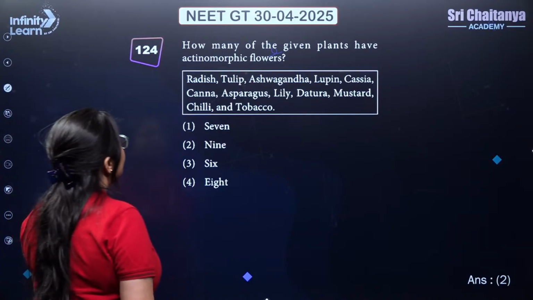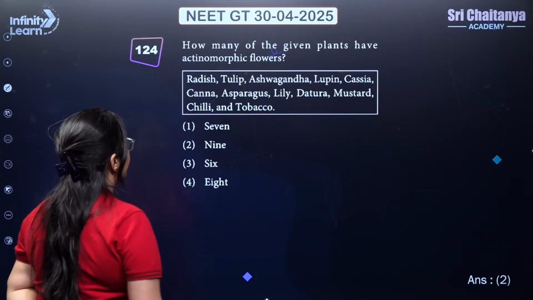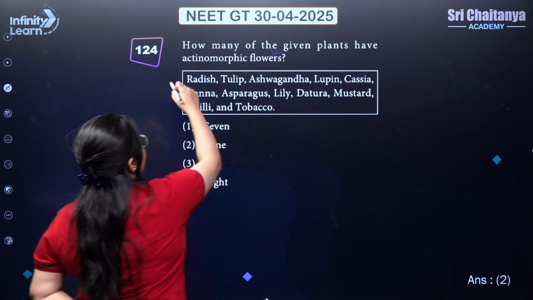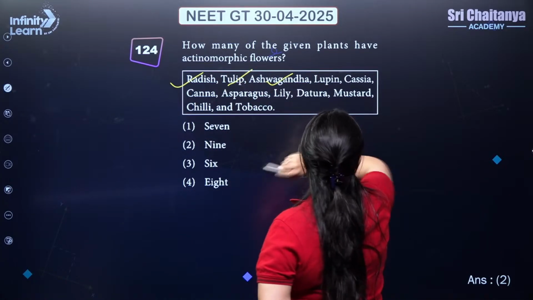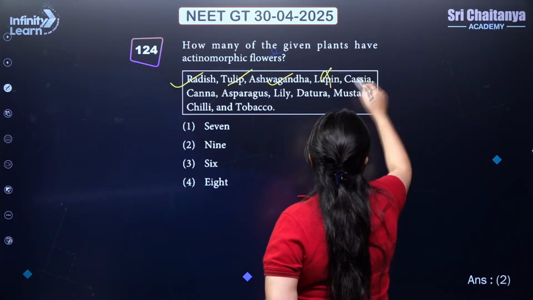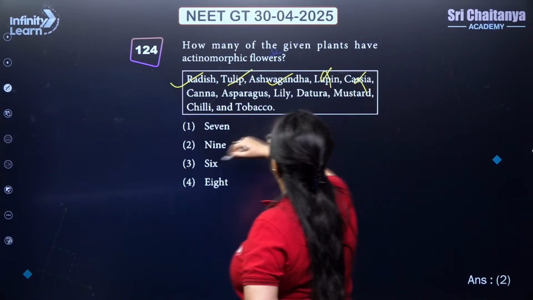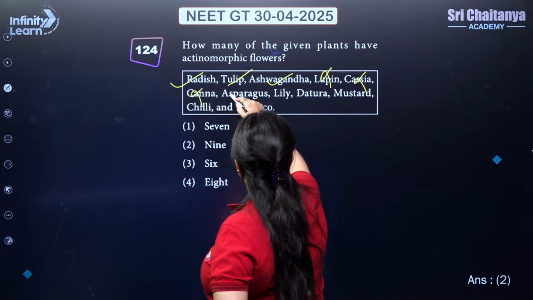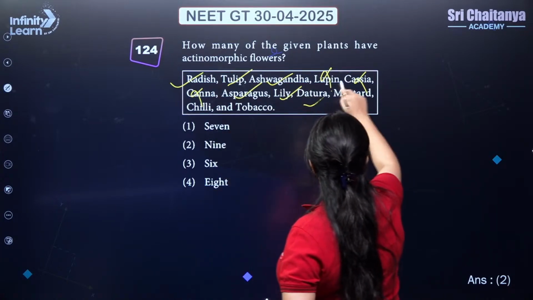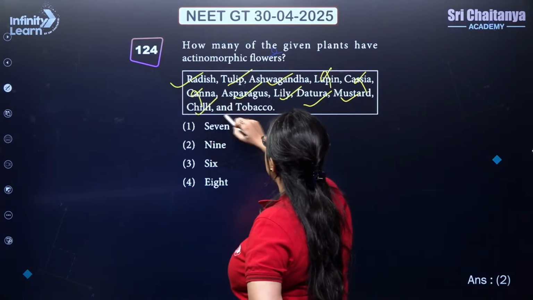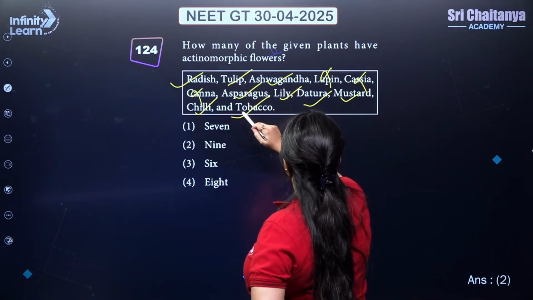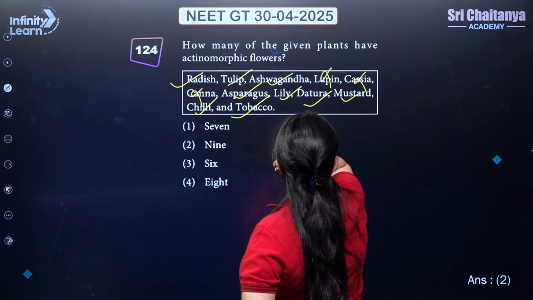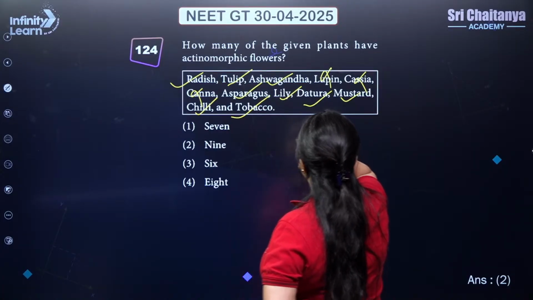So how many are here? Total 12. Radish, yes. Tulip, yes. Ashwagandha, yes, actinomorphic. Lupin, no. Cassia, no. Canna, no. Asparagus, yes. Lily, yes. Datura, mustard, chili and tobacco. So 1, 2, 3, 4, 5, 6, 7, 8, 9. Yes guys?